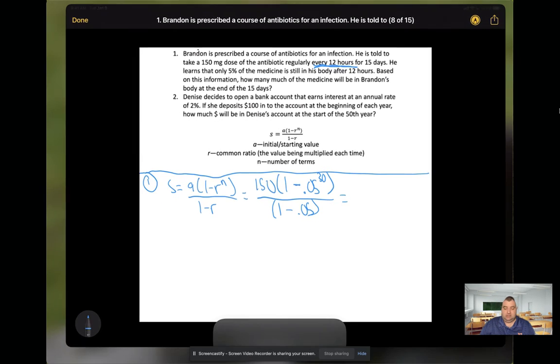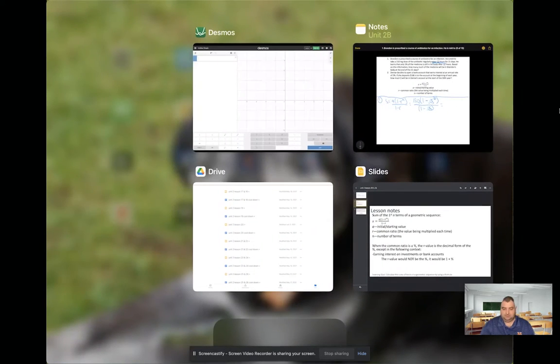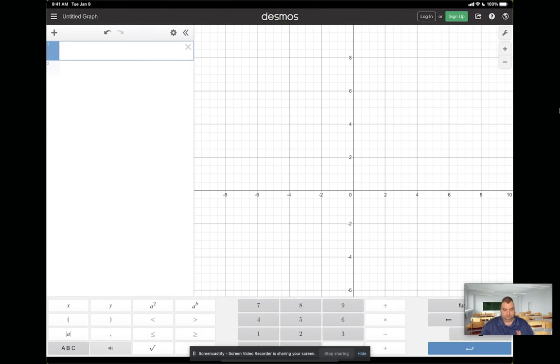So we're going to just put this in Desmos. So it's going to be 150 times 1 minus 0.05 to the power of 30 divided by 1 minus 0.05.